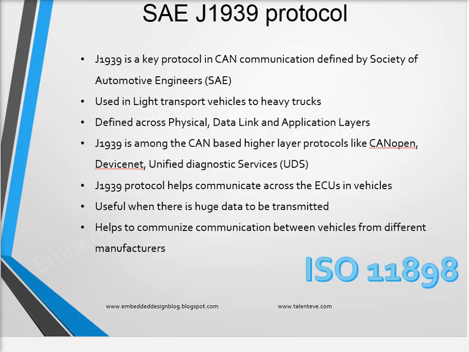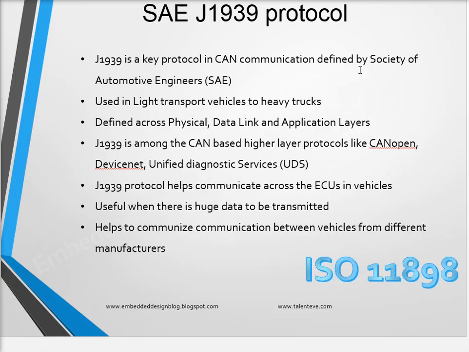So now here why J1939 is required. Basically across the vehicles from different manufacturers, you have different needs of communication. So generally while performing this communication, you might need some standardization across different manufacturers, so that at the application level there is more of a commonization, and one piece of code from one manufacturer can read the data from the other manufacturer as well.